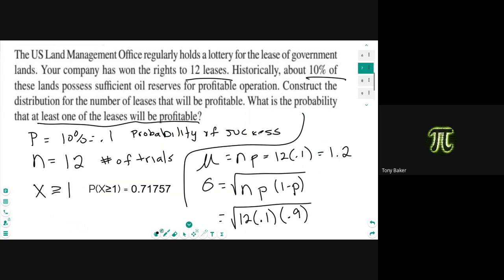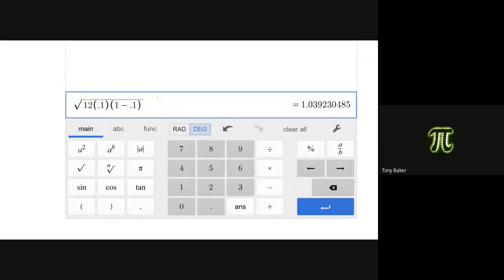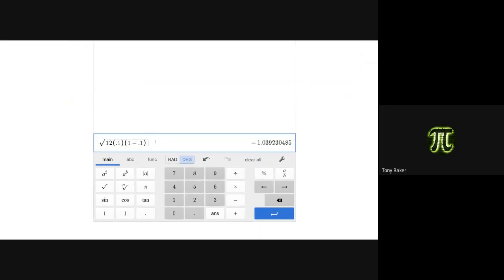So I would use Desmos for this. And my suggestion, especially when you're working on your homework and you have to do a bunch of these, is I would have NP, and then I would have the square root of NP(1 minus P).